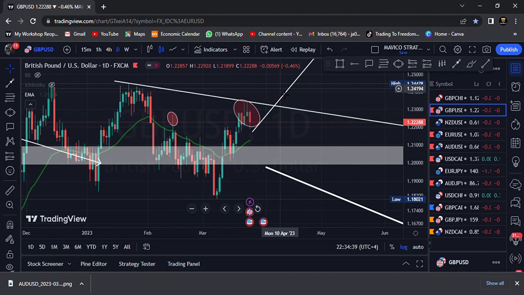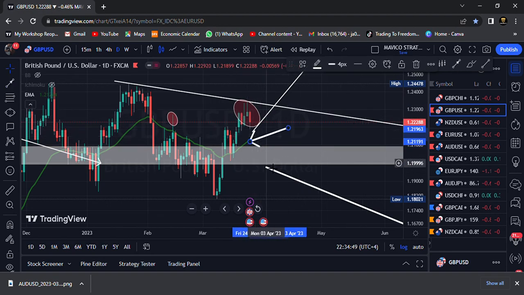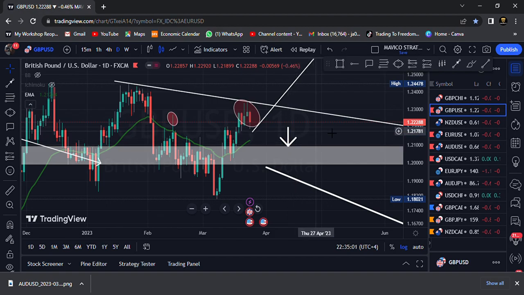But if it doesn't, if it continues to come down, we have to wait and see how the price reacts at this trend line, how it breaks this trend line, then we sell. And how it reacts at this white key level here, and at this key level, and that's how we're going to take our final decision.